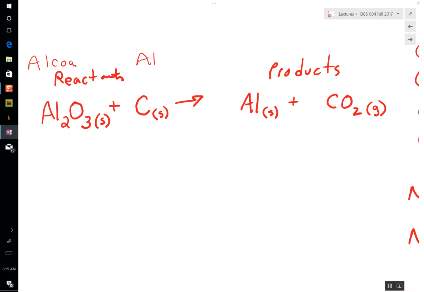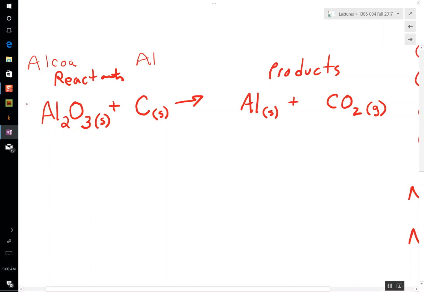All right, so what you can do is you can add coefficients. You can add coefficients on here. You can have more than one CO2 come out of here. So what is a common number of oxygens that you could imagine on both sides of this equation? 6. So how would I get 6 oxygens over here?